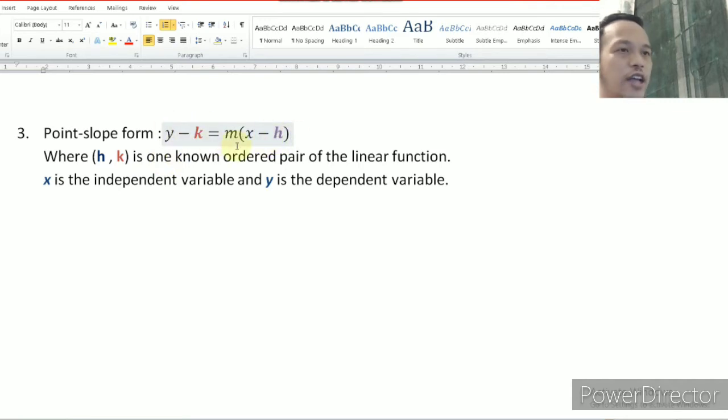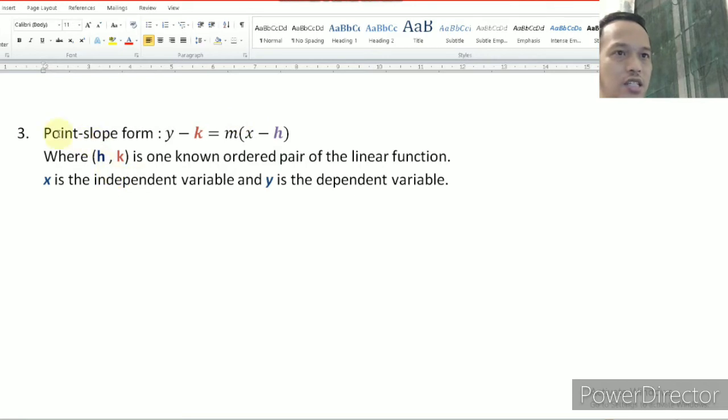As long as you know at least one ordered pair, you can put it as your (h, k) for the linear function, while x is the independent variable and y is the dependent variable. So let me give you an example. But remember why we use point-slope form: from this form we can exactly extract two necessary pieces of information.